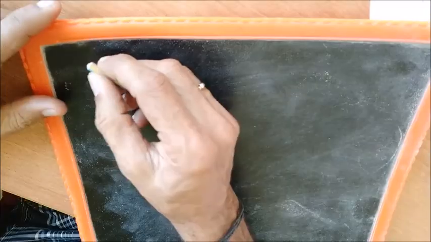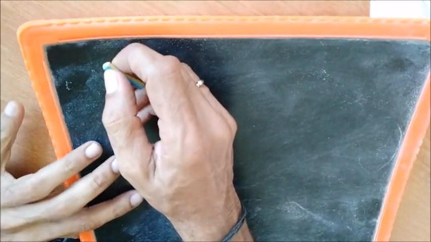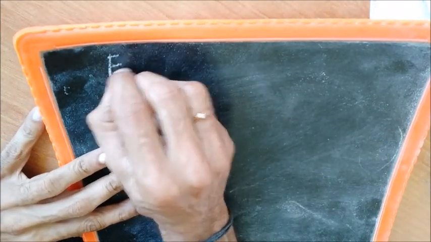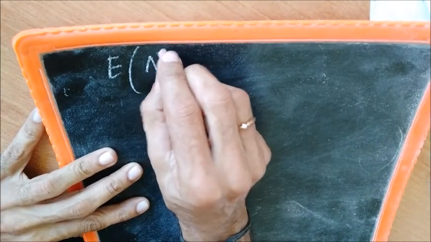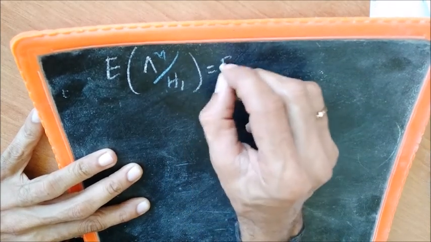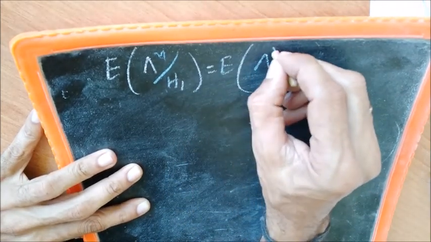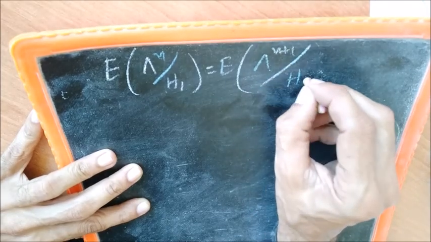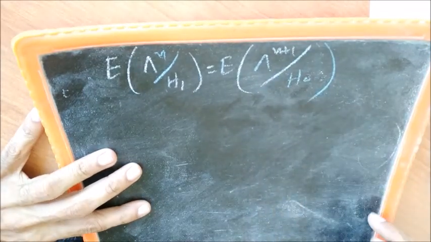Now we go to the A part of the question, wherein we have to show that the expected value of lambda raised to n given H1 is the expected value of lambda raised to n plus 1 given H0.